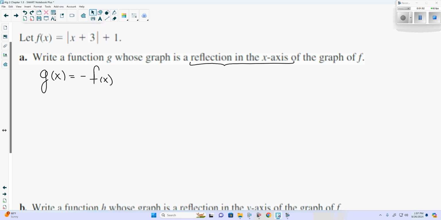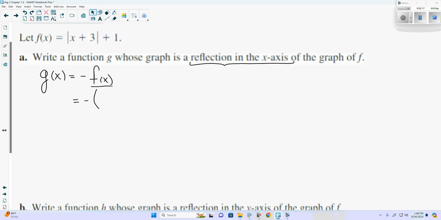Questions on this so far? So we have the general form. Since across the x-axis is negative f of x, we put it there. Now, since we haven't done anything to the parentheses with our f of x, it's still just the function itself. We'll replace it with its function.